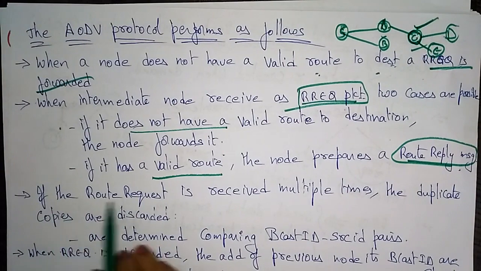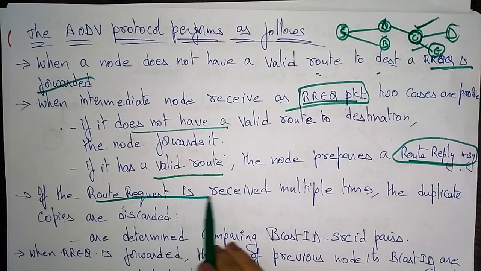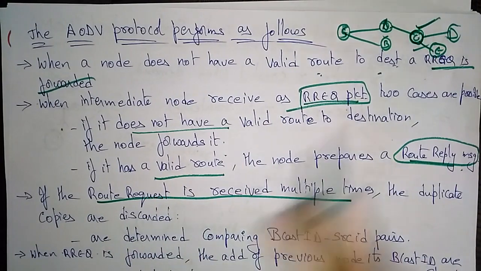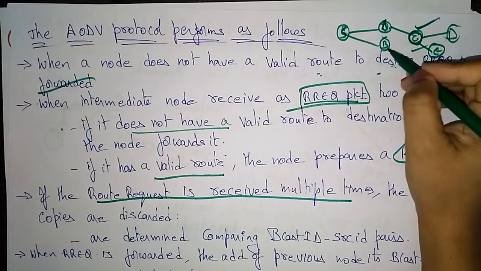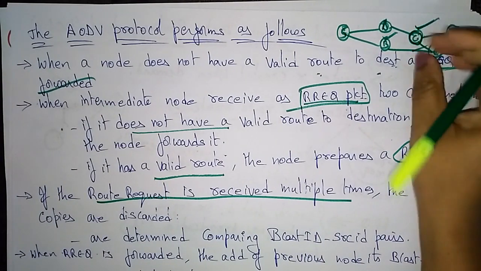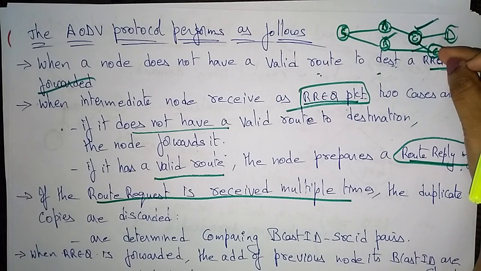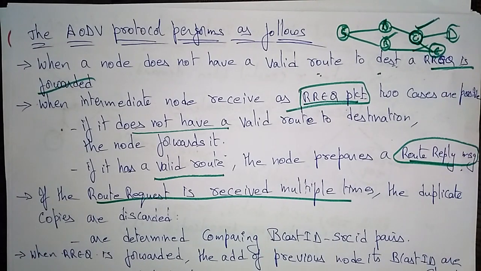If the route request is received multiple times, let us take the route request is received multiple times. Means here a route request is coming from the B side as well as the C side. Multiple route requests are received by this E. The duplicate copies are discarded.